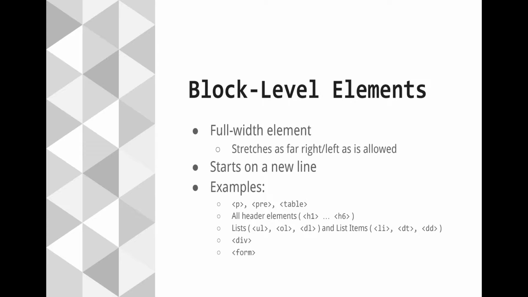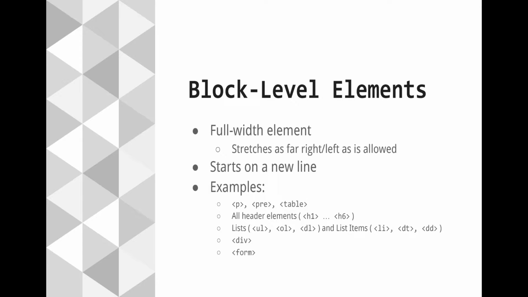When we talk about block level elements, we refer to these as full width elements. Effectively, they stretch as far left and right as is allowed by their container. So if you put it inside your body tag, it's a full width element, then it's going to stretch all the way to the right and all the way to the left of the window, of the screen. They start on a new line. We see these already with our paragraph tags and with table elements.